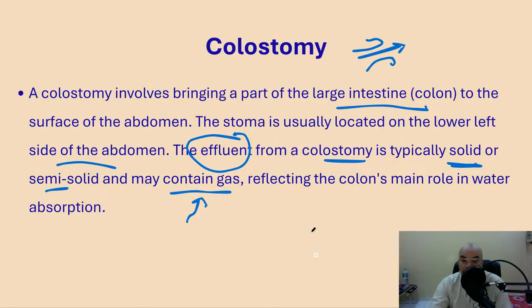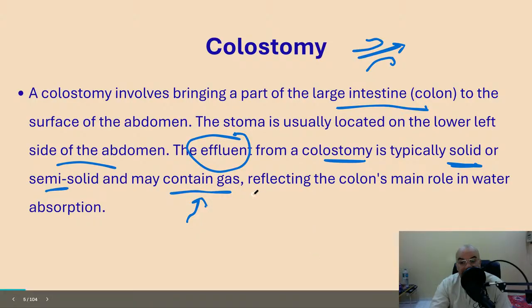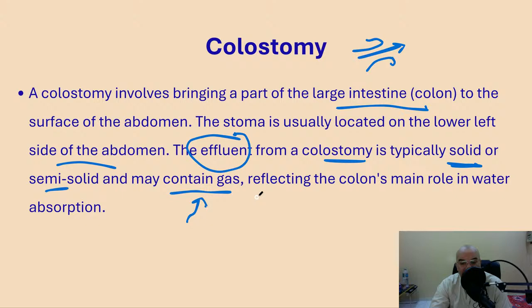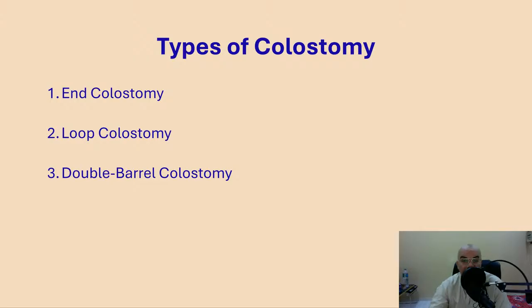Also, the physiological function of the colon is water absorption. So in this case, we are near the end stage of the digestion process. This is also important to know: the nature of the end product that will come from the colostomy.